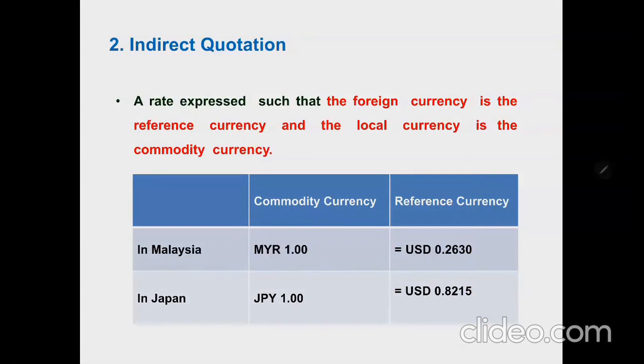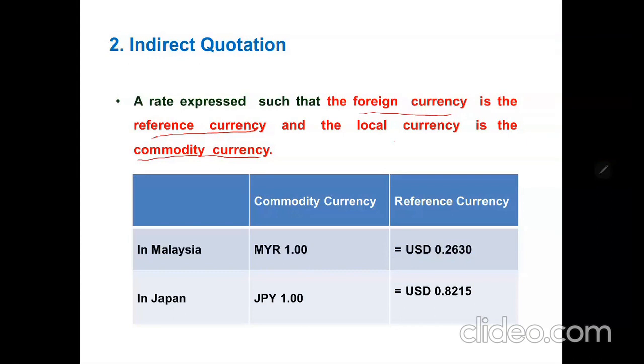For indirect quotation, a rate is expressed such that the foreign currency is the reference currency and the local currency is the commodity currency. First, direct: the foreign currency is the commodity while the local currency is the reference currency.